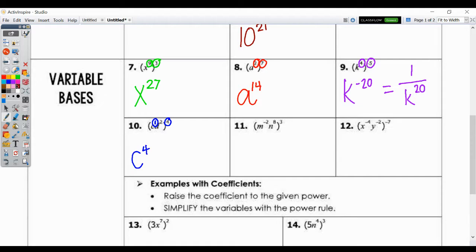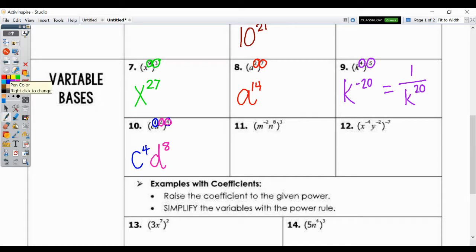So I have c to the fourth. Well, now I need to deal with this d, right? And I have d to the second power, but then I also have that to the fourth power. So I need to multiply 2 times 4, and I get 8. So my final answer would be c to the fourth, d to the eighth.